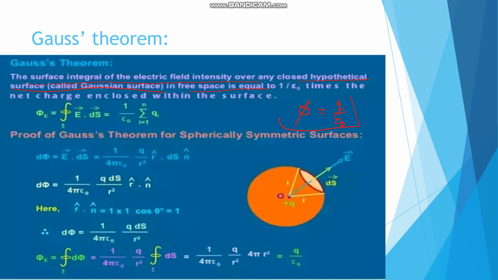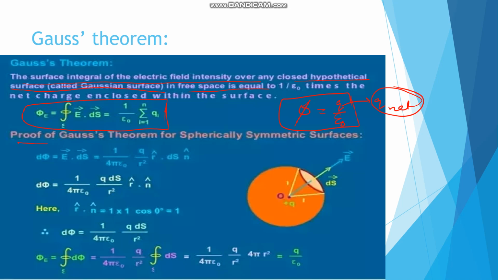This q should be q net, the net charge of the surface. Or we can say phi is equal to the surface integral of E dS, or 1 by epsilon naught times the summation of i equal to 1 to n of q i, meaning net charge.